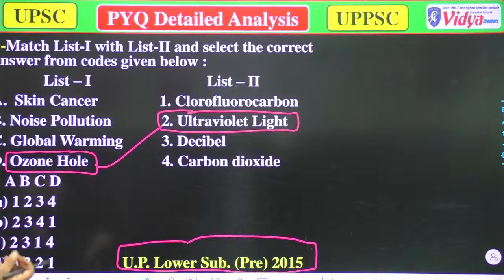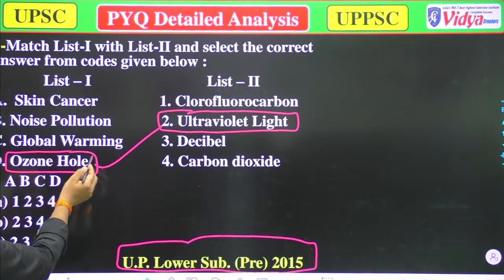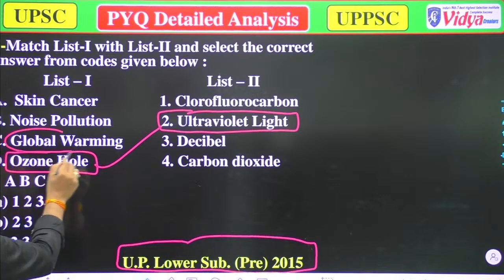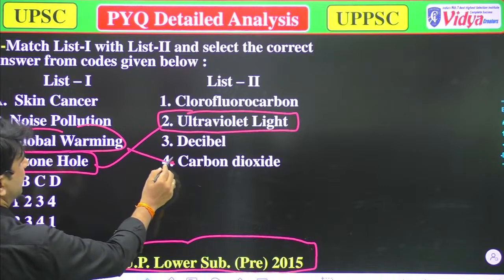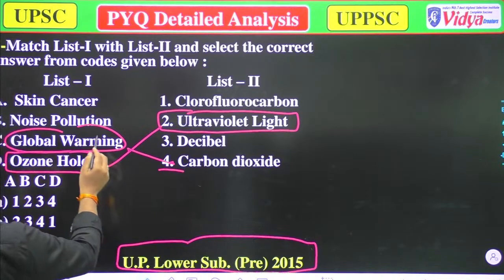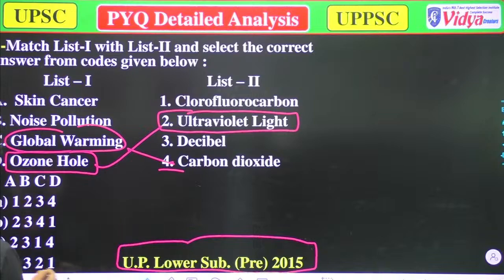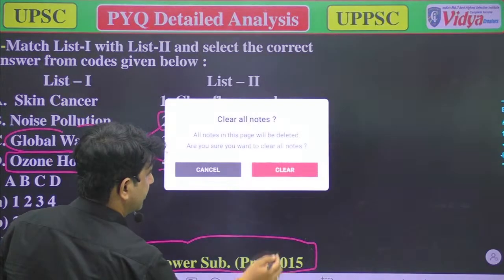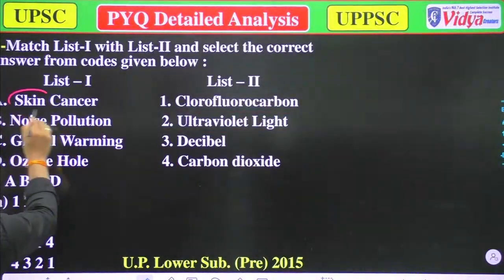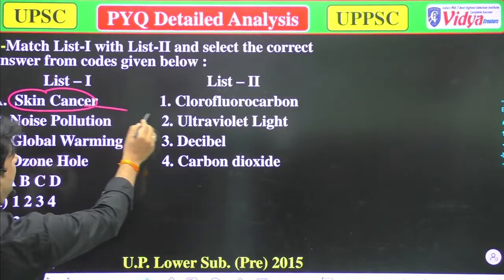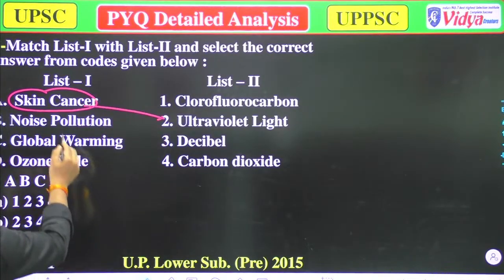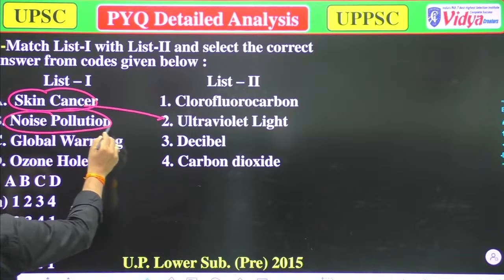Okay, wait for some time. I think all options are wrong, because global warming is CO2. Okay, skin cancer. Sorry, cancer is correlated with the ultraviolet rays. Noise pollution is decibel.